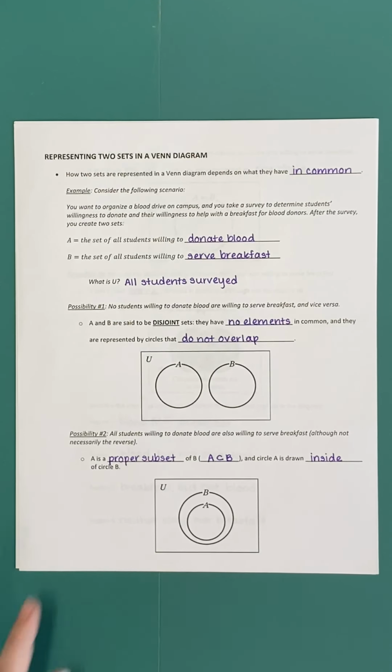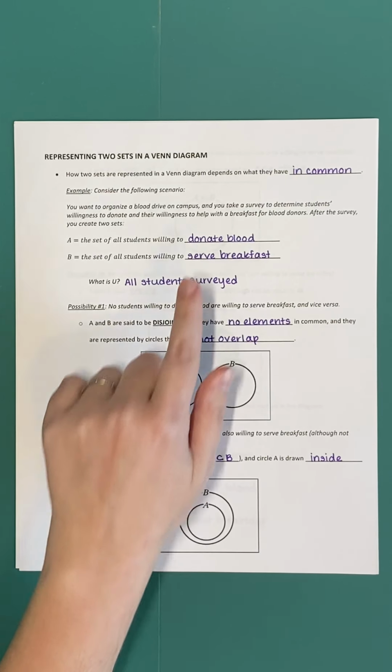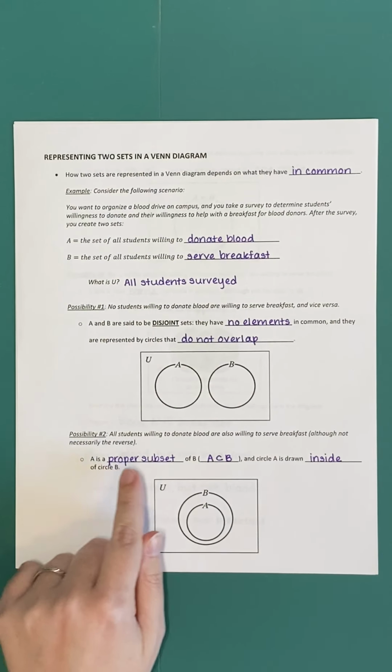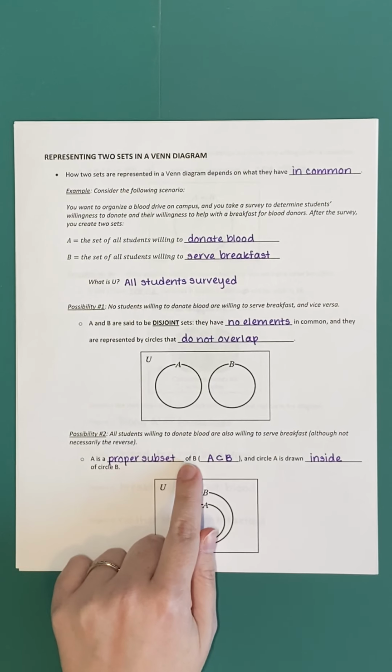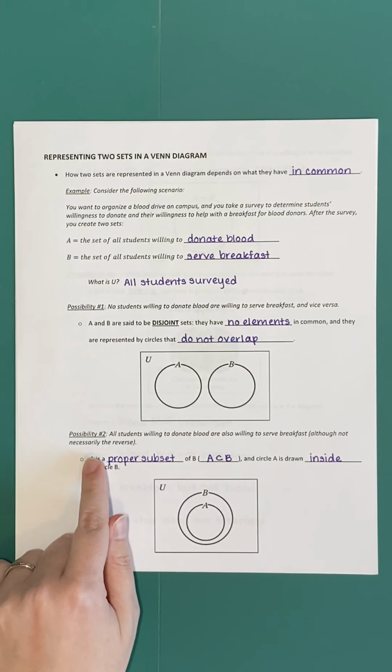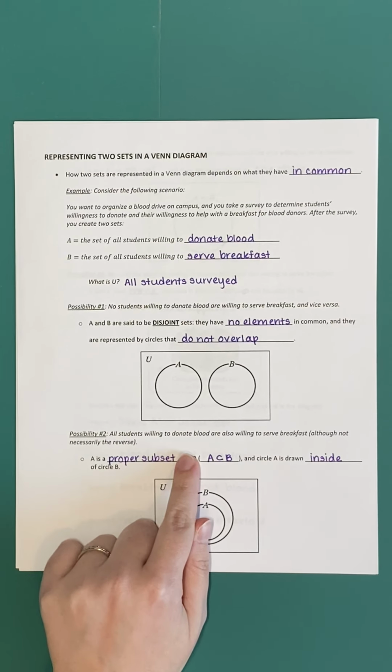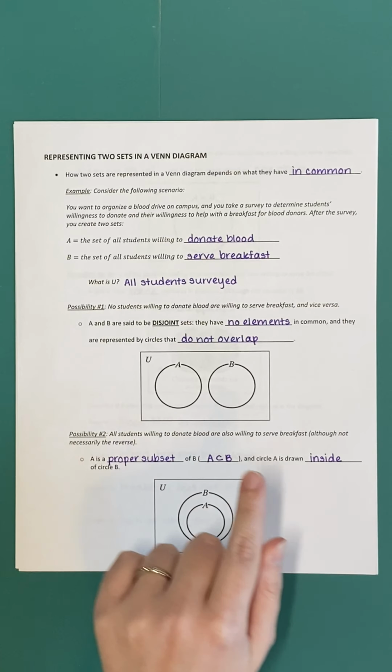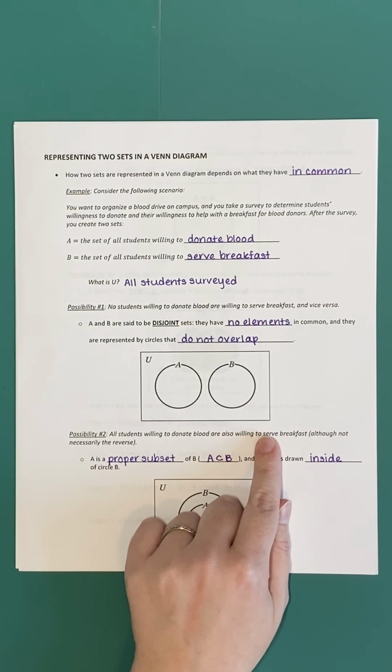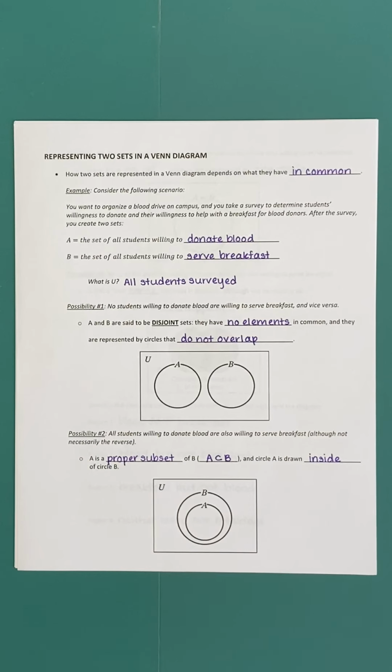So if this is the case, we would say that A, our donators, is a proper subset of B. Everyone in A is also contained in B. Everyone who donated blood also helps with breakfast, but there are potentially some other individuals who would help with breakfast that don't fall into the set of donators.